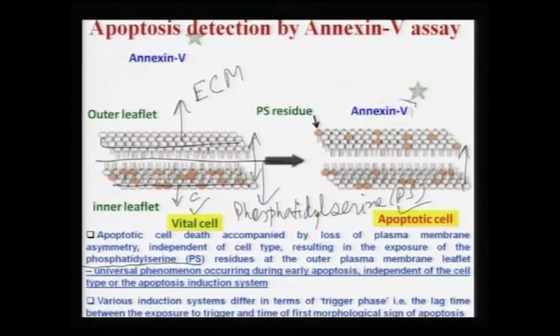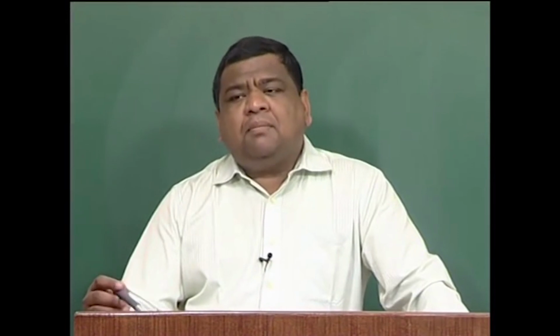matrix, there is a dye called annexin 5. It is like another dye, like the MTT type of dye. Now, this annexin 5 can bind with this phosphatidylserine residue, and as a result, the more annexin 5 molecules are reacting with these phosphatidylserine molecules, it will indicate that more cells are in the apoptosis stage.